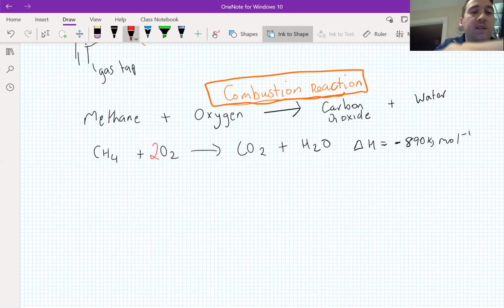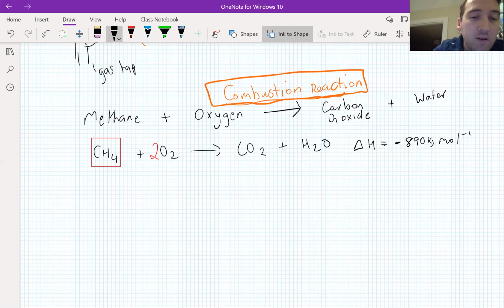Right, so this is a particular type of reaction that we call a combustion reaction. You will notice that this here is for 1 mole of the thing that we're burning. The methane is what we're burning. We're talking about 1 mole of it. So when we use 1 mole of a fuel and we burn it in oxygen, and usually we need excess oxygen, which means there's loads of it, more than you need, we always produce CO2 and H2O in a combustion reaction.